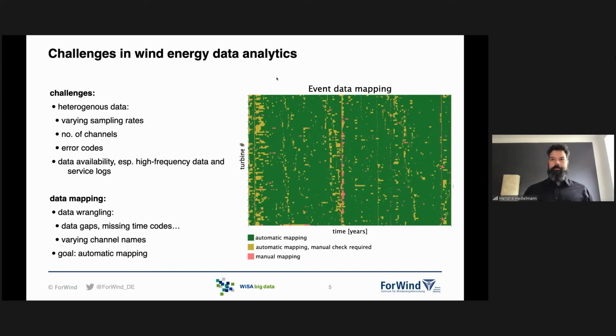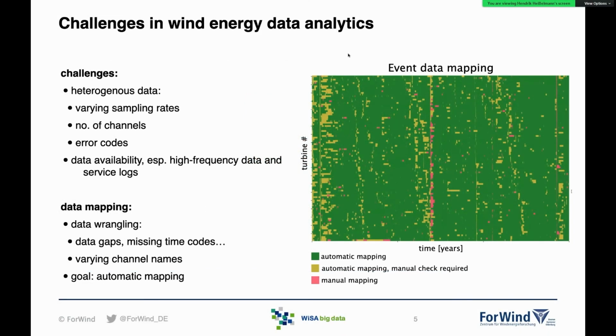And if you're not only dealing with one turbine, that always is a challenge. And of course, there's this overarching challenge, which is about data availability. How do you get data for research projects? Especially high frequency data is often not really available, and service logs are also not widely available.